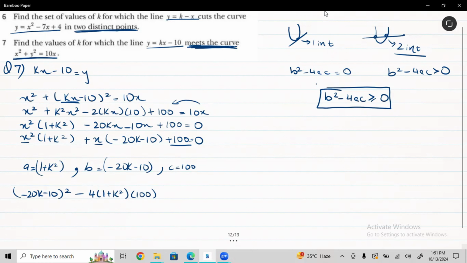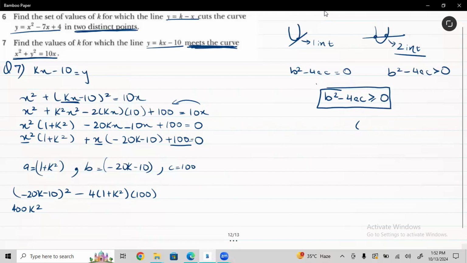If we open this up, negative 20 squared would be positive 400k squared, because negative 20 multiplied by negative 20 is 400, multiplied by k multiplied by k, so k squared. And by the way, please do not ask me why we haven't just taken this as a whole squared and opened it up. It's really simple. These two are multiplying. We open up the brackets using the quadratic formulas when there's some addition or subtraction.